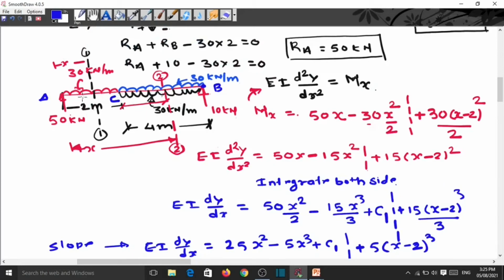Otherwise we have to change our assumption. Initially we are assuming that our deflection is maximum in the BC section and this 0 slope occurs in the BC section. When we are equating this slope equation equal to 0, for the total equation, first section and second section, if the answer is more than 2 meter, then our assumption is correct.